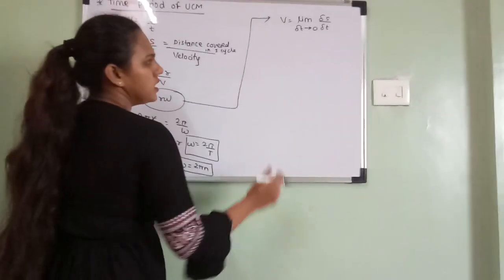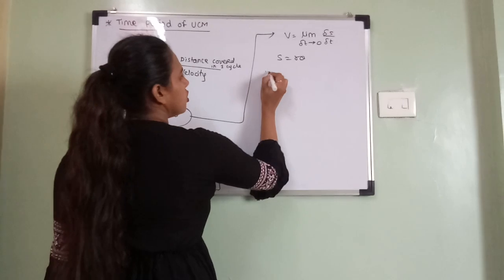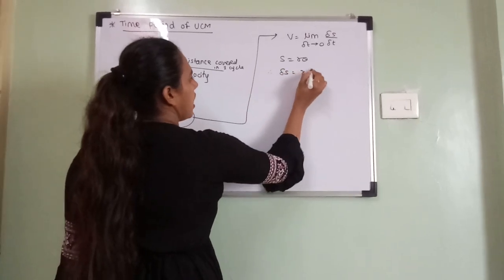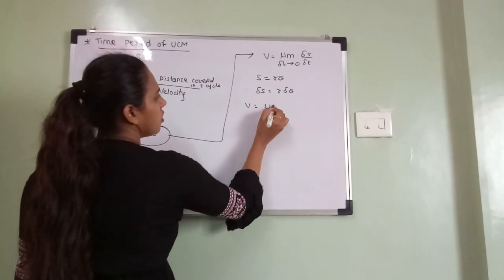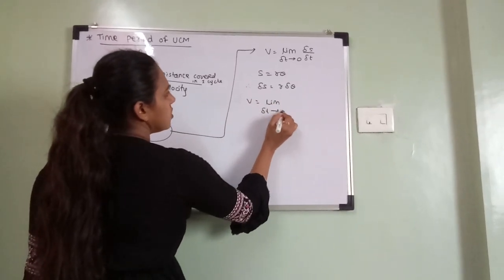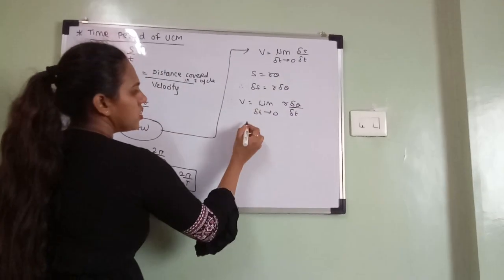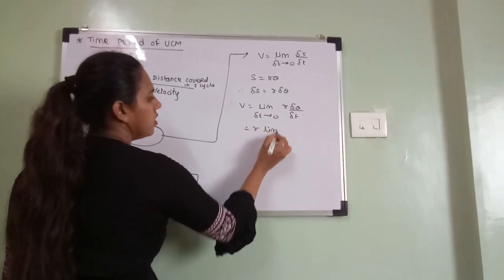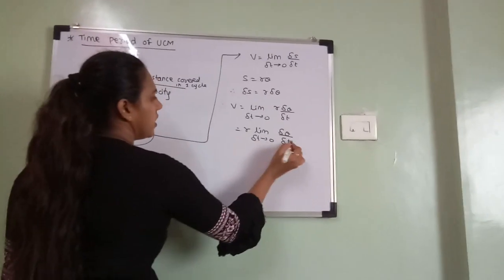Relation between delta s and delta theta, yesterday we have seen. S is equal to r theta. So therefore delta s can be written as r delta theta. Substitute. V is equal to limit delta t tend to 0, r delta theta by delta t. R is constant, take it outside. Limit delta t tend to 0, delta theta by delta t.